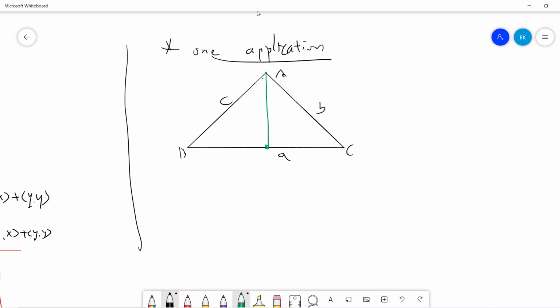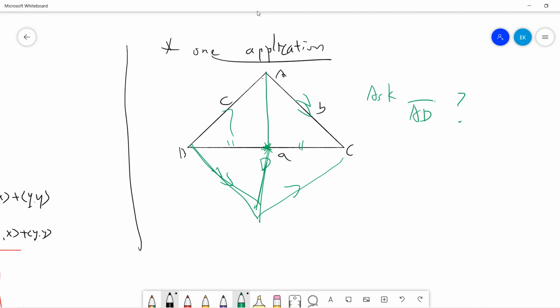Suppose you have a triangle and you cut at the midpoint and connect it. Let's call it D, and I want to ask what is the length of AD if this is a midline. In general, you need to use the cosine law to find it, but now we don't have to, because we can extend it into a parallelogram.